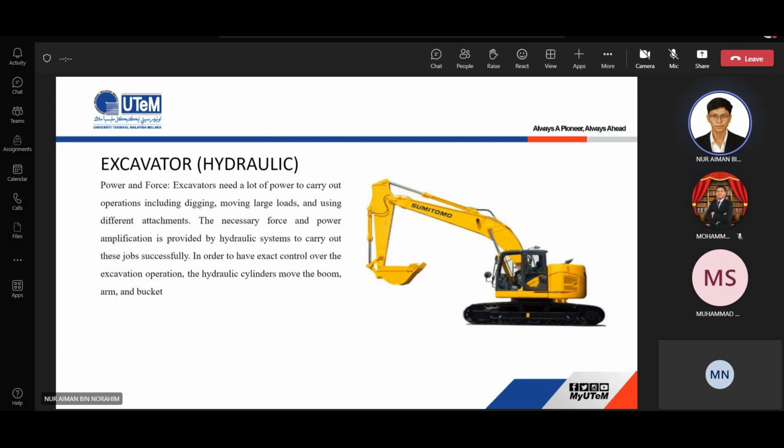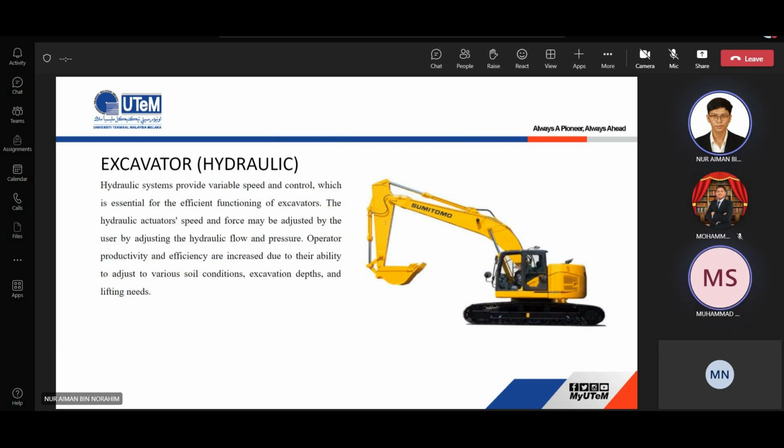In order to have exact control over the excavation operation, the hydraulic cylinders move the boom, arm, and bucket. Hydraulic systems also provide variable speed and control, which is essential for the hydraulic actuator speed and force, which may be adjusted by the user by adjusting the hydraulic flow and pressure.